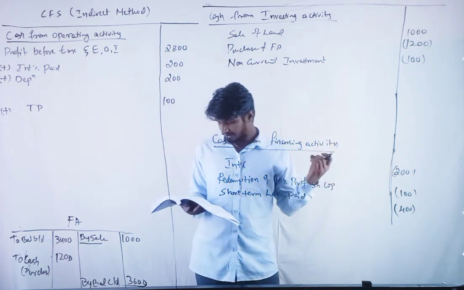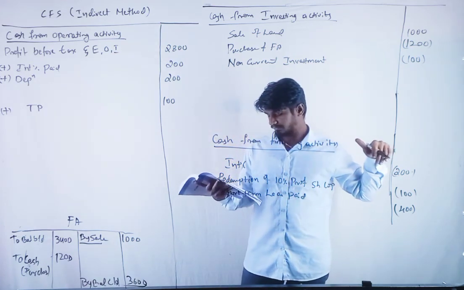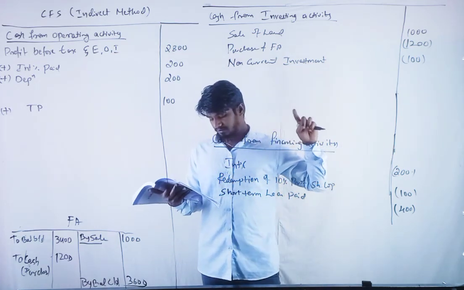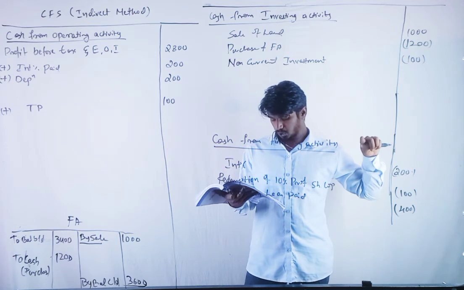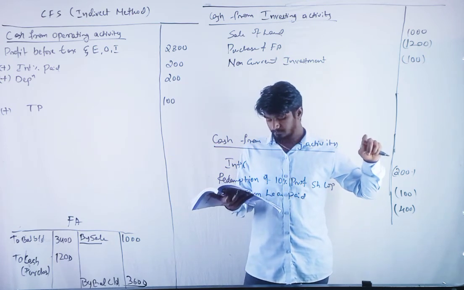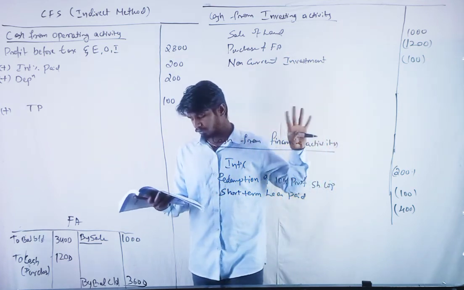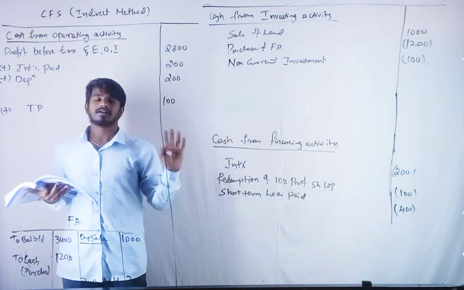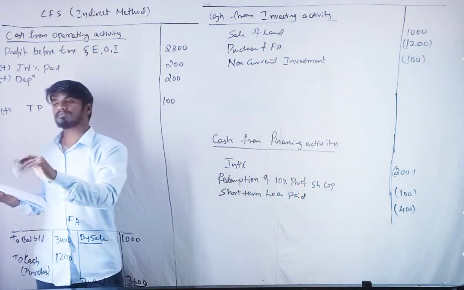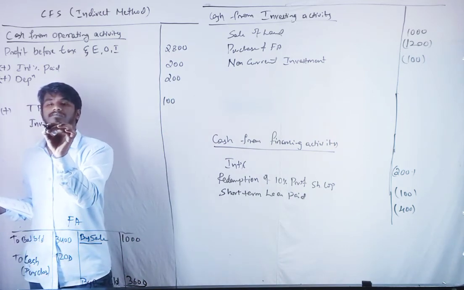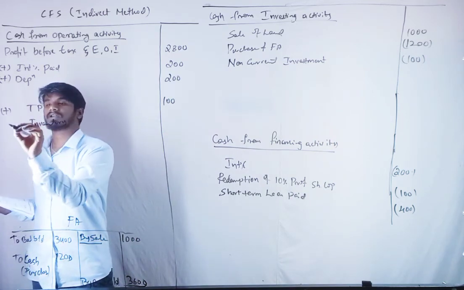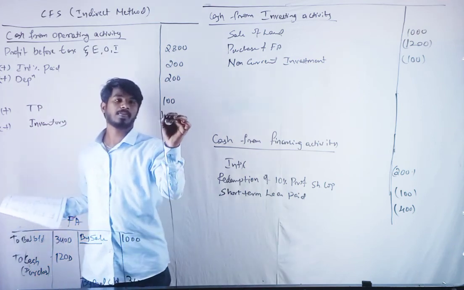Next, current asset. Inventories. Opening 1300, closing 1200. It means we have sold some inventory for 100 rupees. Cash might have been received. Add 100, right?